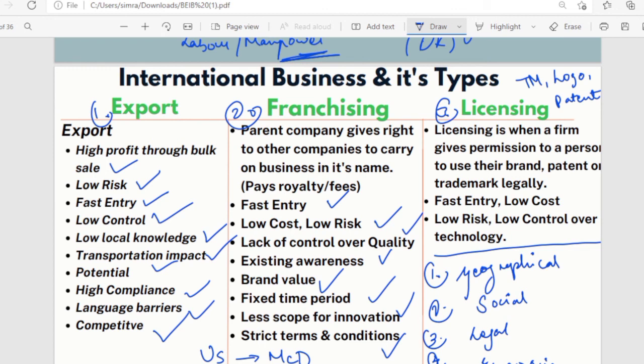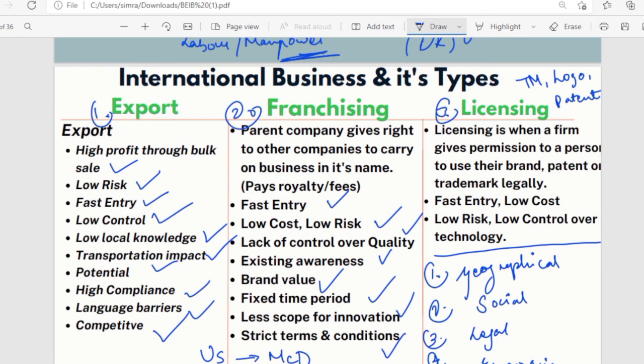So McD owners will be paying a certain amount to Disney owners because they have taken the license to use that logo on their product. So always remember, in franchising it is a setup, the entire business, and in licensing only the logo, the sign is taken.